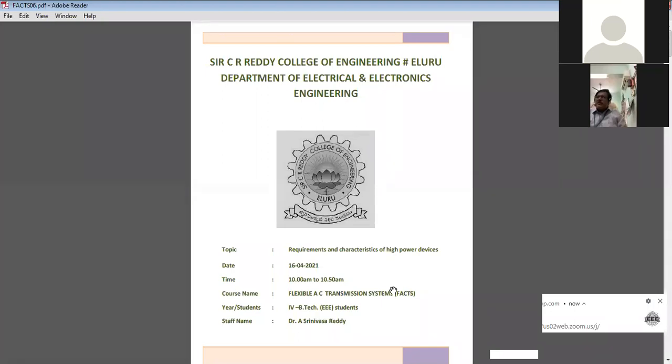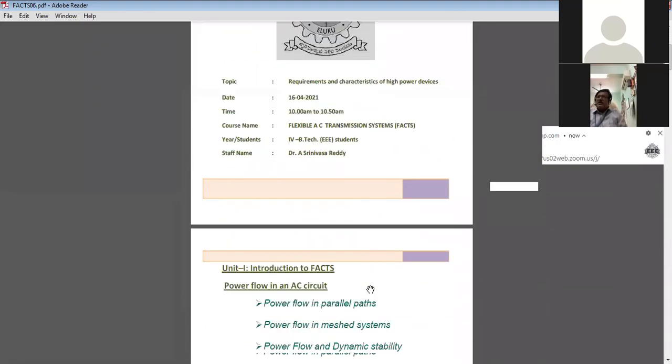We should know the voltage and current ratings, and then the other characteristics like switching losses, switching speed, on state losses, and the gate circuit fundamentals. All these things are required in this one. Along with this, we have to discuss the trade-offs. How we compromise between different characteristics.